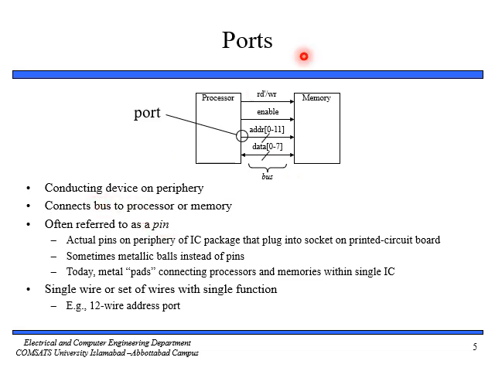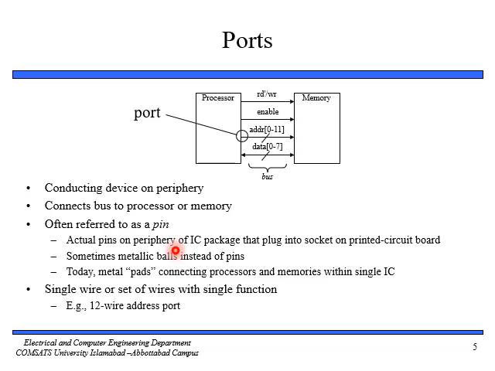The related term for port is pin. When a processor is packaged as its own IC, there are actual pins extending from the package, and those pins are often designed to be plugged into a socket on the printed circuit board.